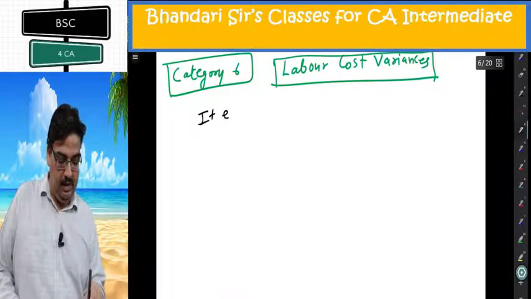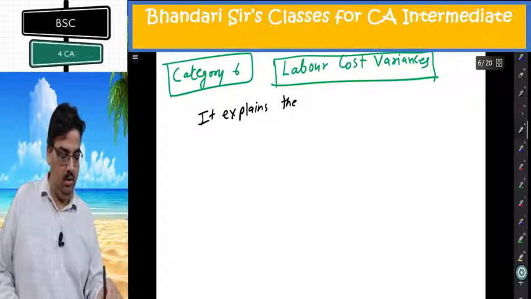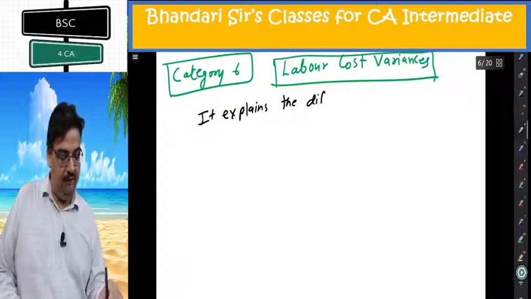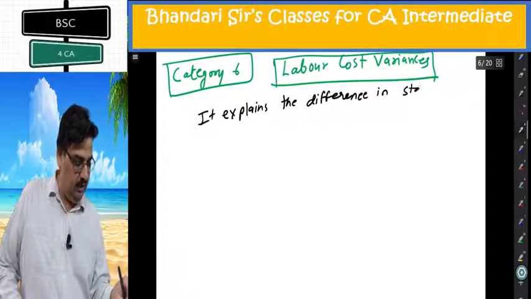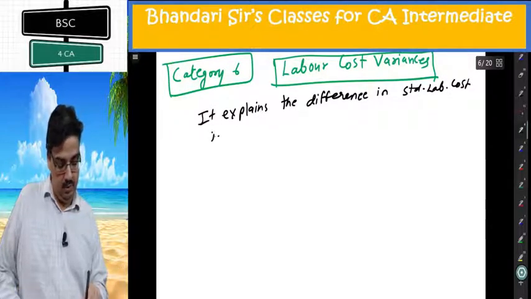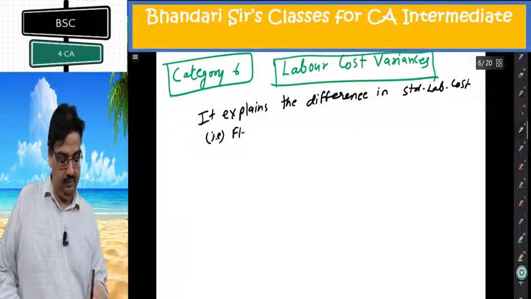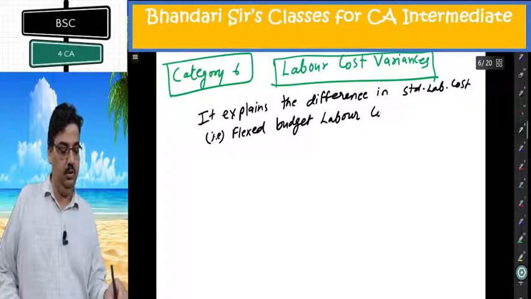It explains the difference in standard labor cost, that is flexed budget labor cost, and actual labor cost.